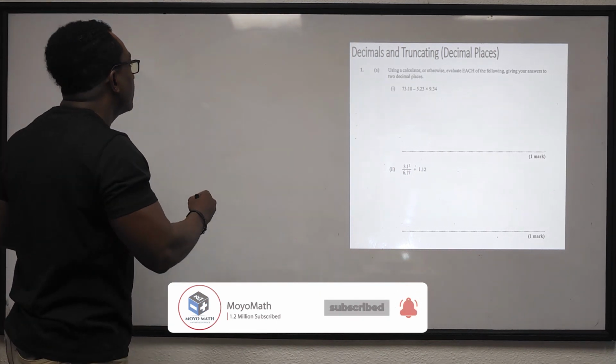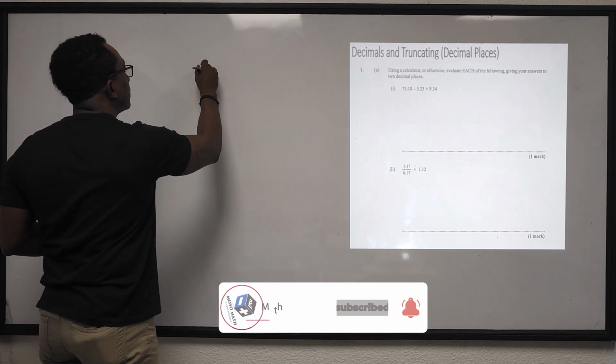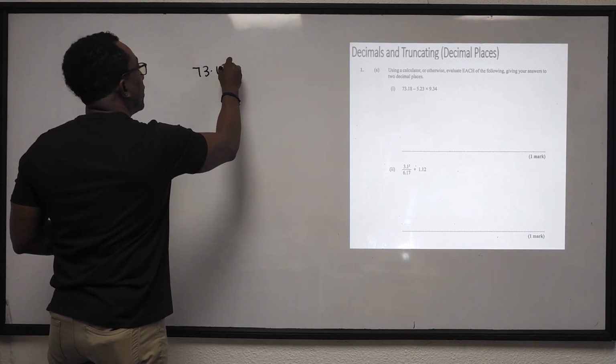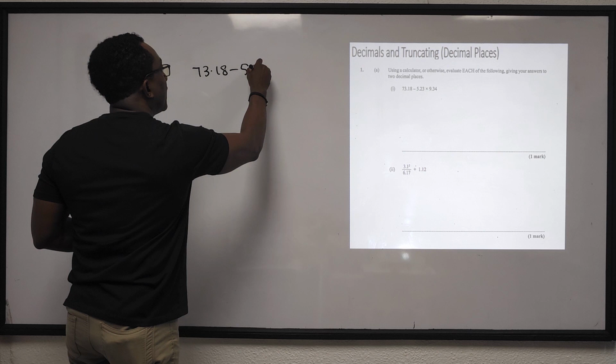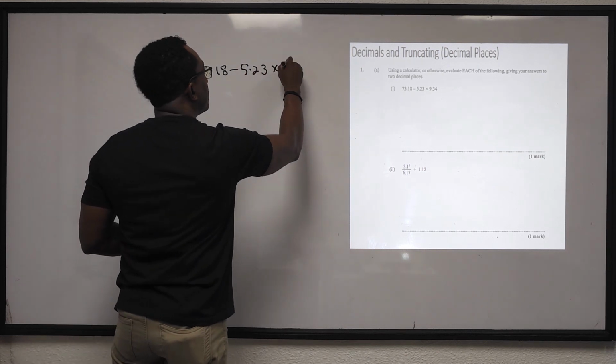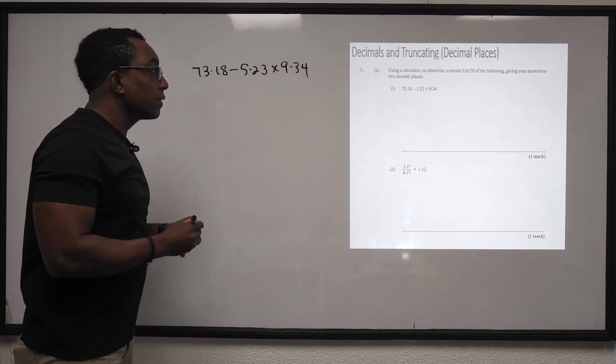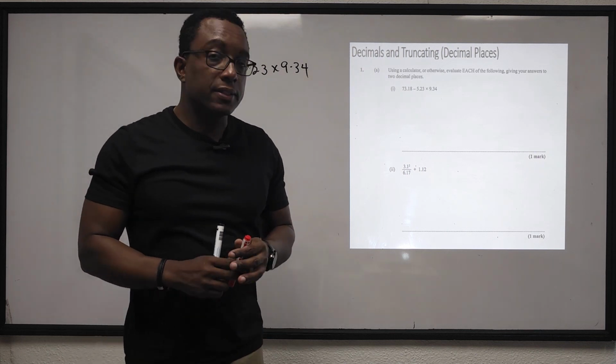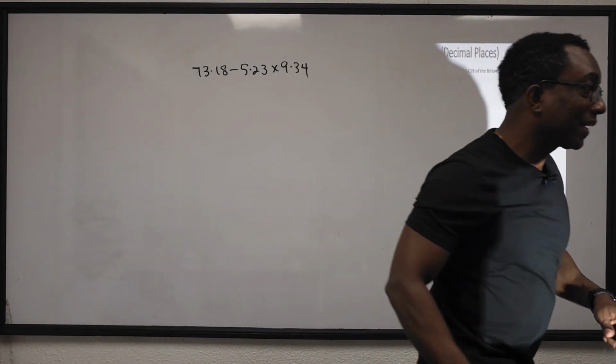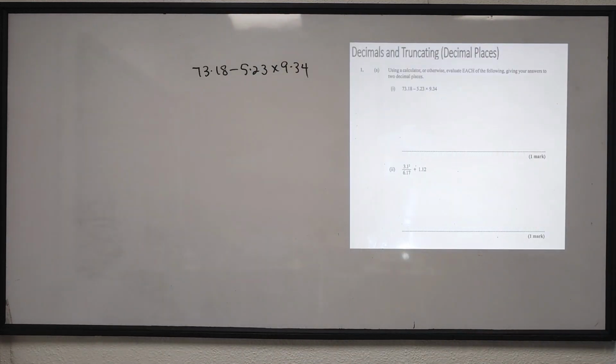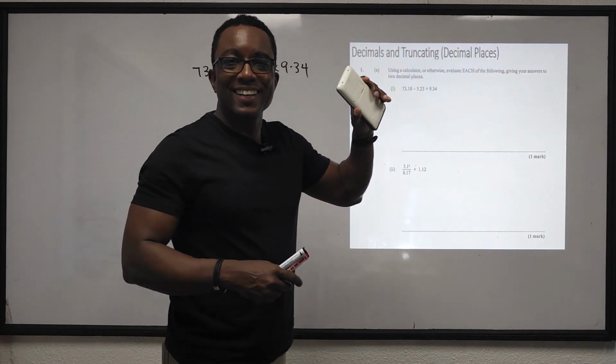So we have here 73.18 minus 5.23 multiplied by 9.34. So of course this requires us to use our calculator. So let me get my calculator quickly.